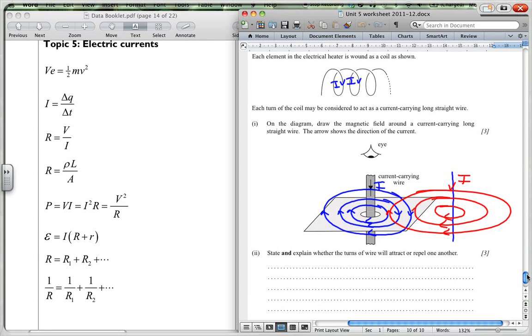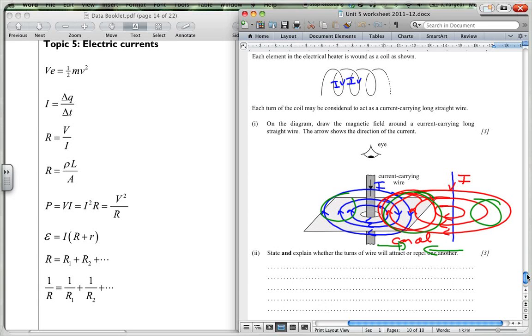And notice here, you'd be getting your magnetic field lines opposing in the middle. So these would actually cancel out in the middle. Because it's weaker, the magnetic field is weaker in the middle, and stronger on the outside, it actually causes the wires to be forced together.